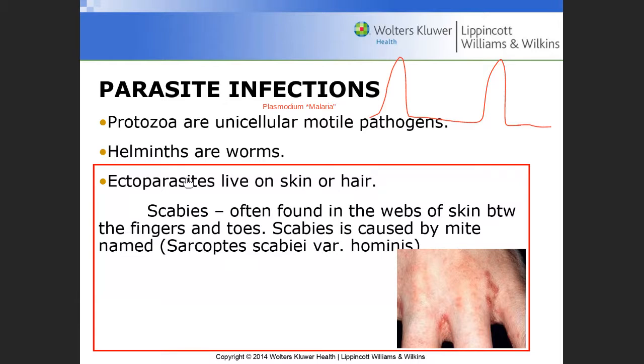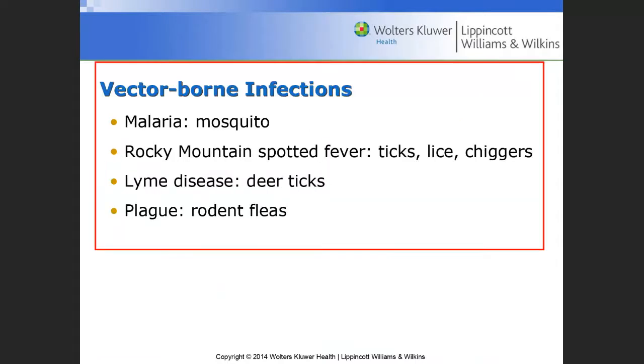I have to give you a clue that they usually infect the web of your fingers, for example. Scabies is caused by a mite, and the name of the mite is Sarcoptes scabiei. Sarco means body. So they infect anywhere in our body, but typically common in the web of the hand, for example. And there's a variation known as hominis, which is human.